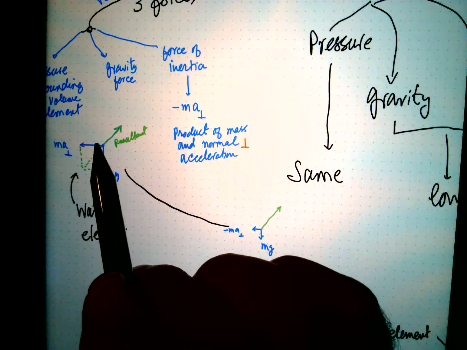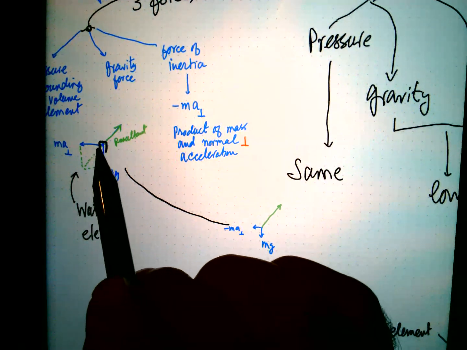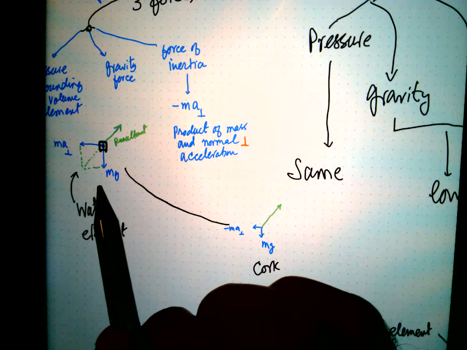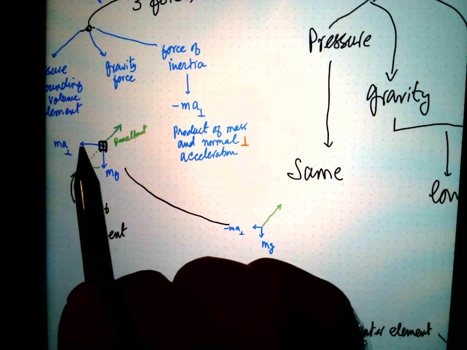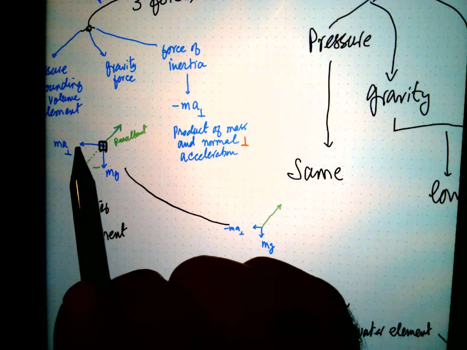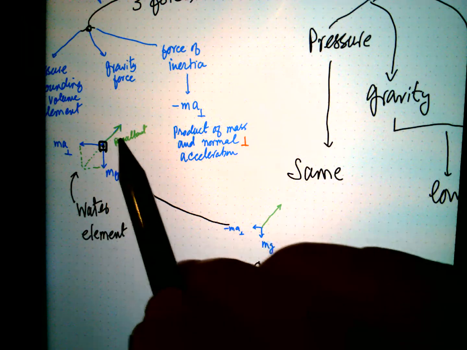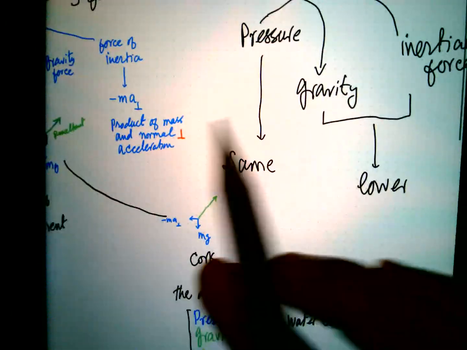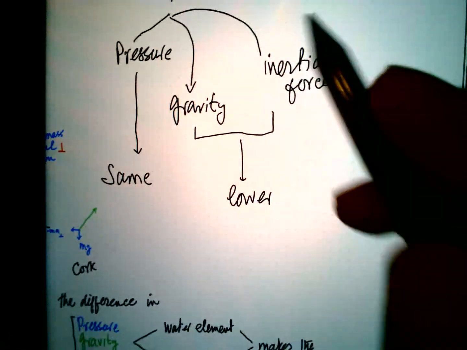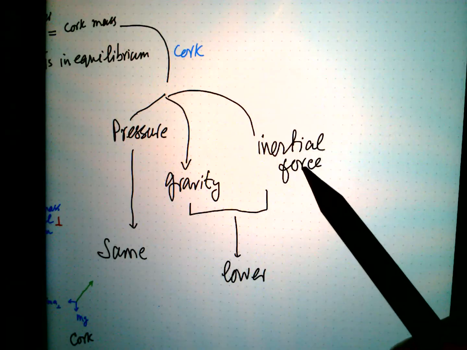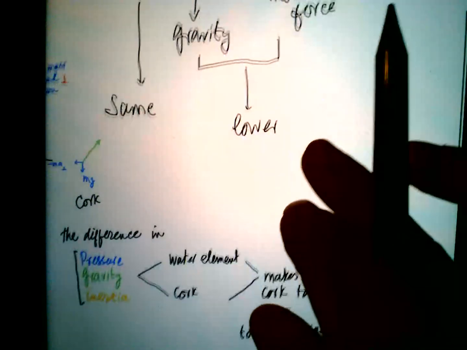So if this is the element of water, there will be gravity acting on the vertical axis, and in the normal perpendicular direction there will be an acceleration and then the force of inertia, and as a result there will be a resultant force. Similarly, there will be a piece of cork. There will be a pressure, gravity, and the inertial forces.